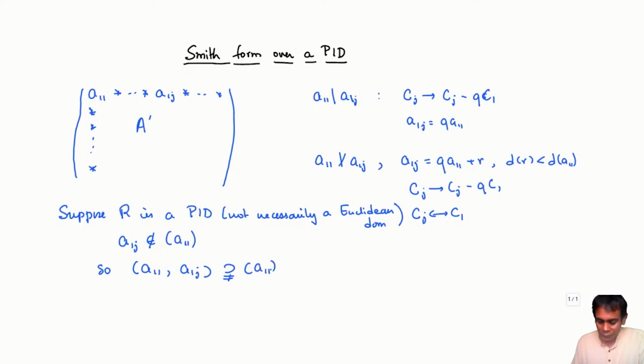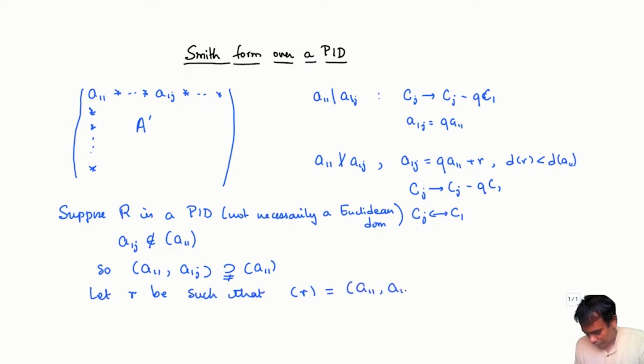On the other hand, we are working in a principal ideal ring, so this ideal is generated by a single element. So let R be such that R actually generates A11 and A1j. Okay, so what that means is that R lies in the ideal generated by A11 and A1j.